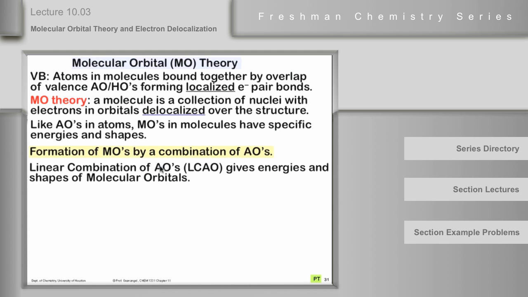We're going to just take the simplest possible approach, and that's LCAO, linear combination of atomic orbitals. Now, when you do that, you get a new wave function for each molecular orbital. And that wave function itself, just like the atomic orbital wave functions, produces information about the molecular orbital, like its energy and like its shape.